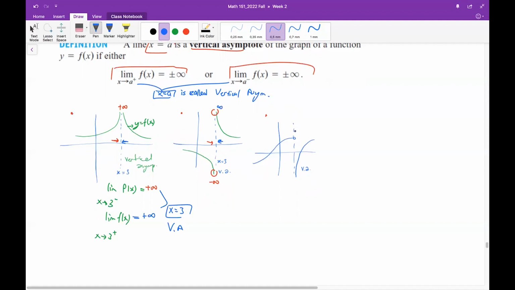Or on one side the limit doesn't need to be infinite, but on just one other side, like this one here, the limit of the function as x goes to, okay, let's put this as 3 from the right. What is the behavior here? Your function goes to minus infinity. Okay, these are different situations around the value of a vertical asymptote.